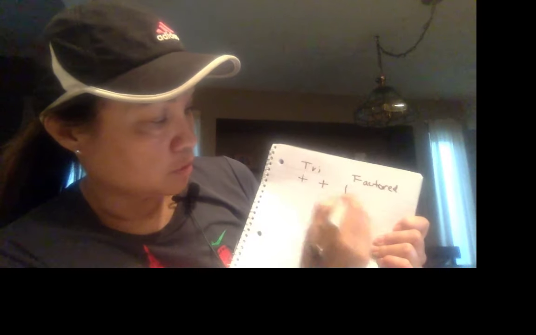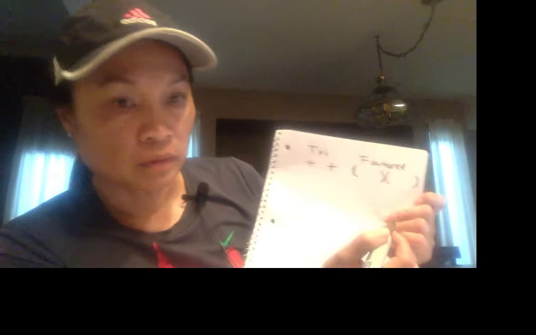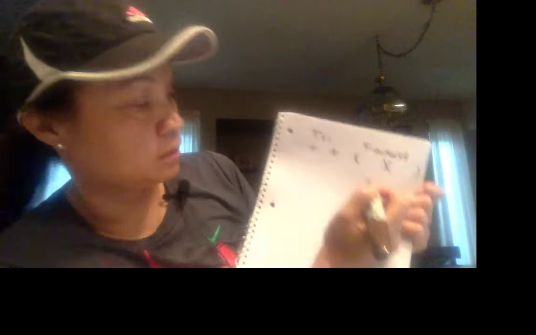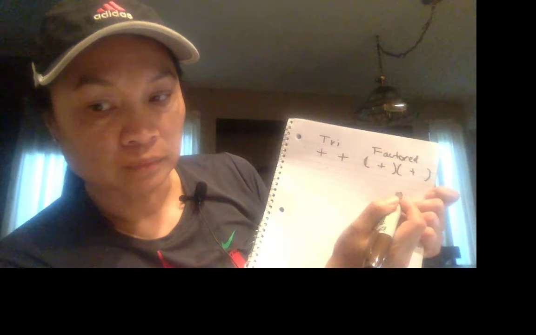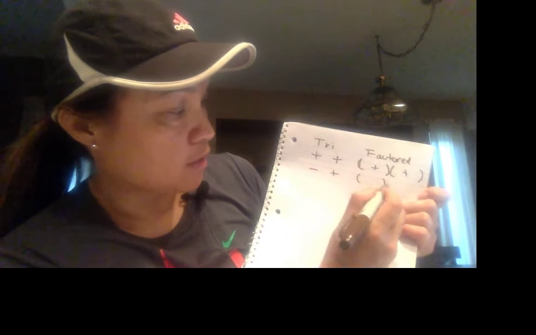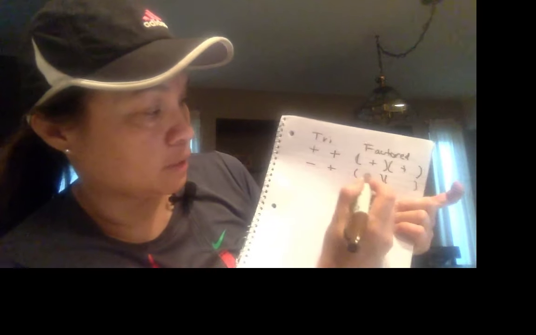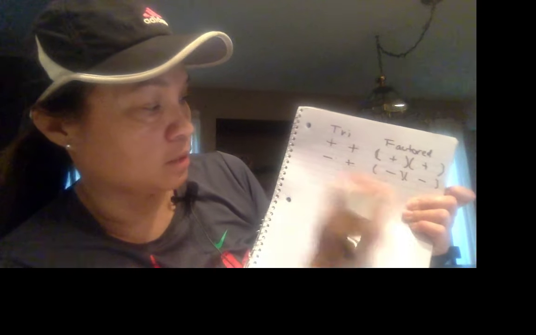If it's plus and plus for the trinomial, it will always be plus and plus here. If it is minus plus, the factored form will always be minus minus, and the reason why is because a negative times a negative makes positive.